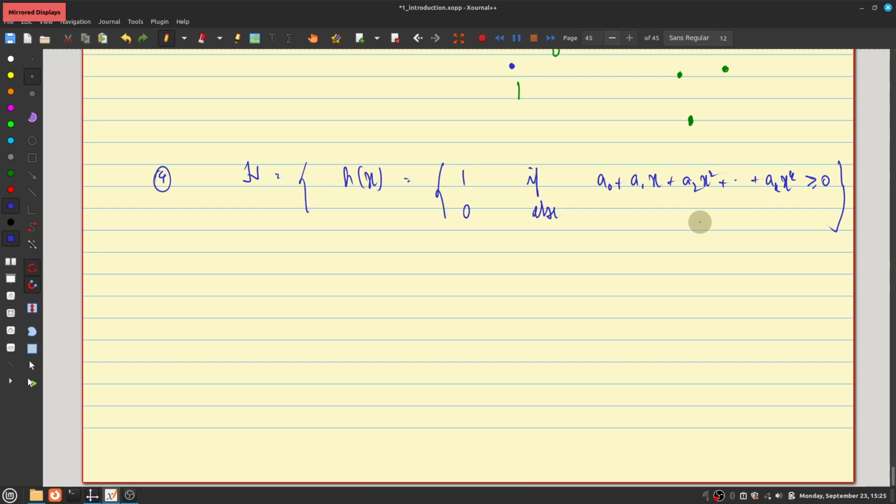Yeah, for a fixed k, okay? I'm fixing k. So if you want, just think about the set of all quadratic functions. Just to be concrete, let's fix k equal to 2.